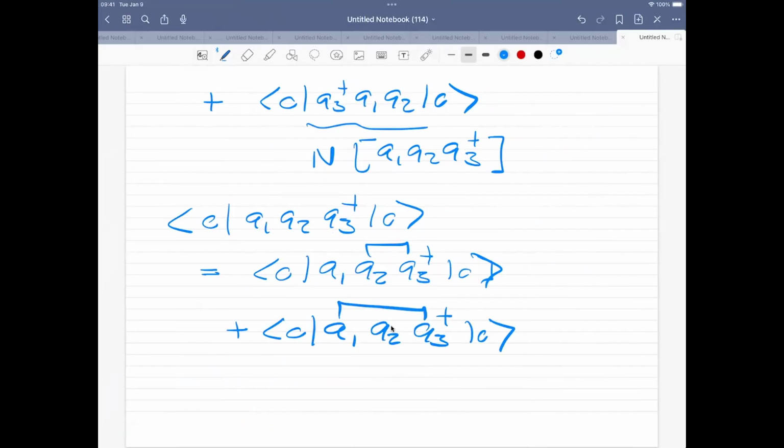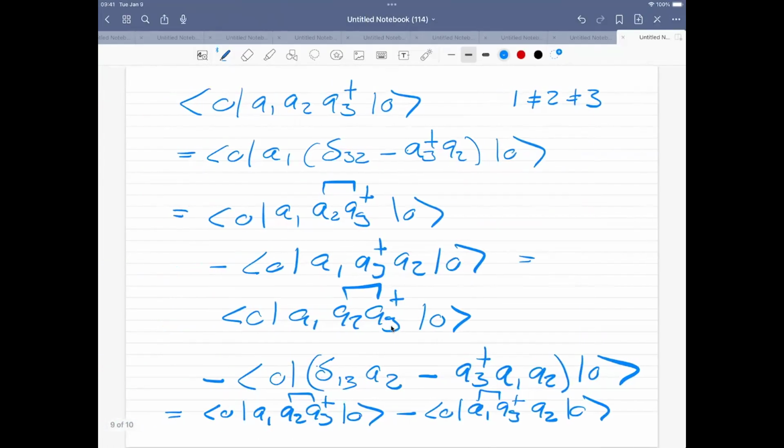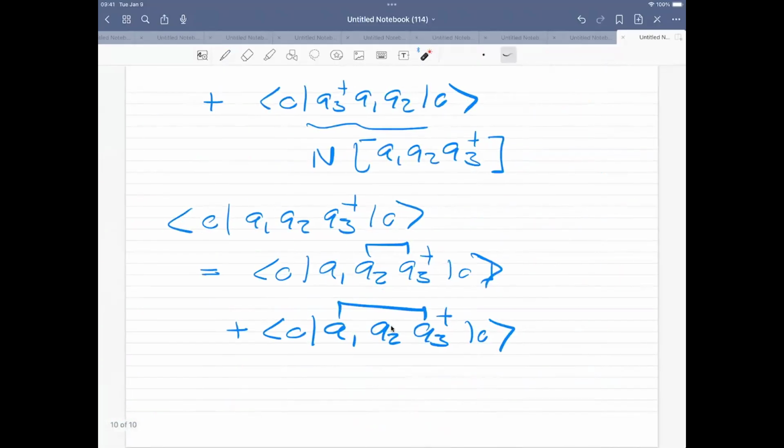That's a contraction between 1 and 3. But keep in mind that this comes with a minus sign here, this specific minus sign, because we have interchanged the operators so they can stand by each other's side and then acting on the vacuum state. And then we have plus the normal order product of these operators, A1, A2, and A3†.